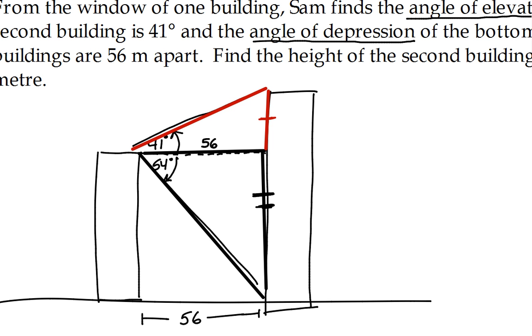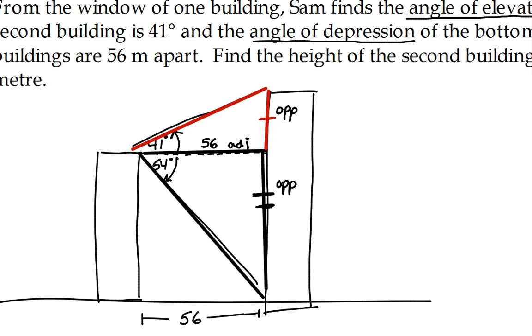So using 41, which side do you want? Op, hype, or edge? And the 56 is edge. And if you're going to use the 54, the black line with the double tick is op, edge, or hype. Op, right? And the 56 is edge as well.